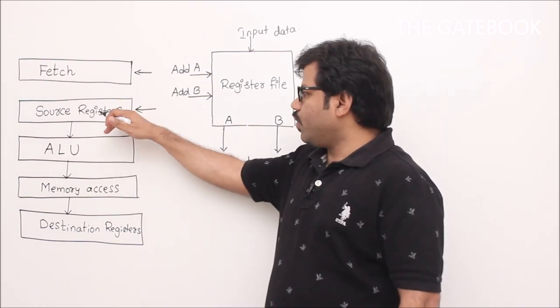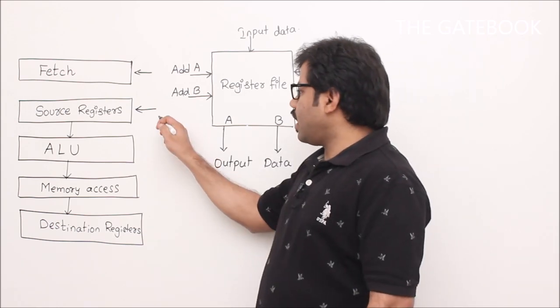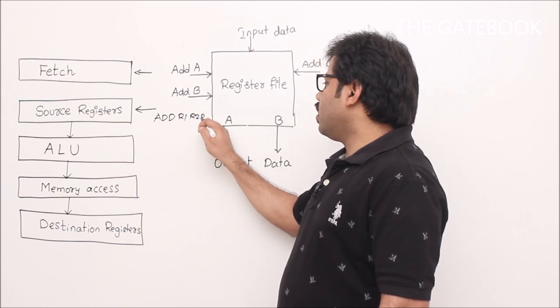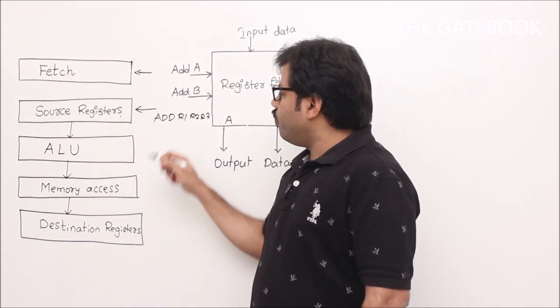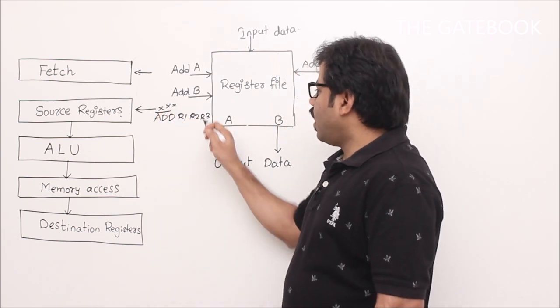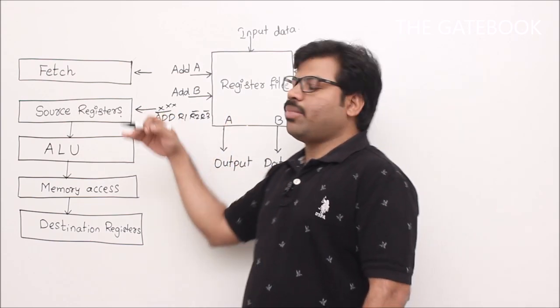After that, we read the registers. For example, the instruction is add R1, R2, R3. Then in this stage I am going to understand that this is an add instruction, and I will be reading the R2, R3 register values into some temporary registers.